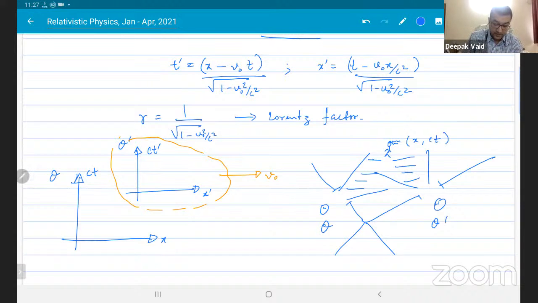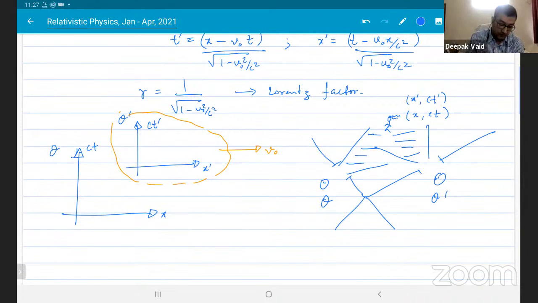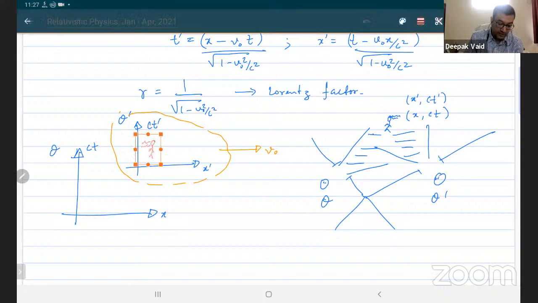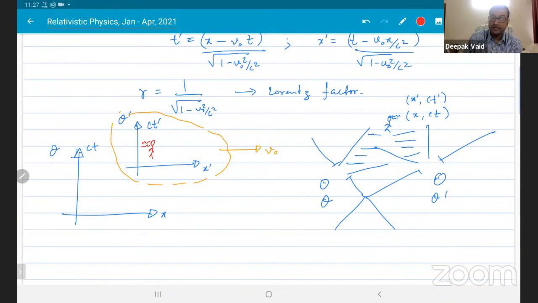And O prime will say, well, the lady is standing at x prime as measured by my coordinates, and the time is t prime as seen by my watch, right? So they are both looking at some event in space-time, right? And this event is independent of both of those observers.